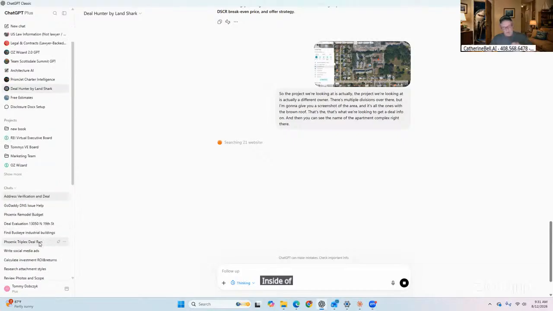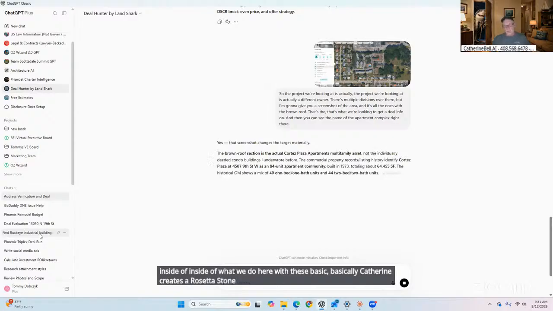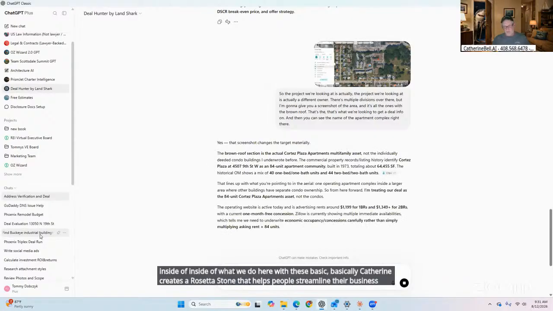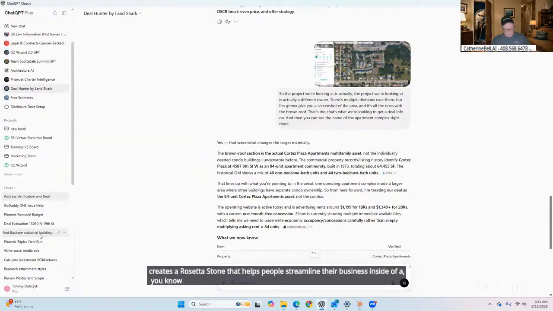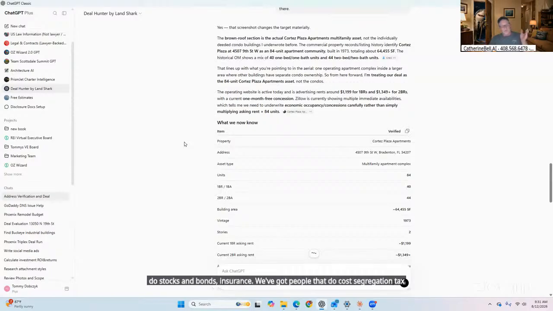What we do here is Catherine creates a Rosetta Stone that helps people streamline their business, whatever it is they do, whether it's raise capital, do retail, stocks and bonds, insurance. We've got people that do cost segregation tax strategy stuff, and we build them these things.